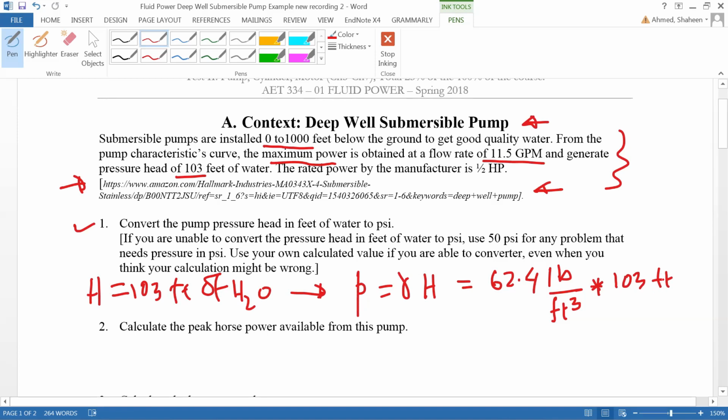If you cancel feet and feet cubed, you'll have feet squared. I want this in psi, so I want to cancel that feet in the denominator. So in the numerator, I'll multiply by feet and divide by 12 inches. I'm not just converting the unit, not changing anything. If you calculate that, I found 44.6 psi.